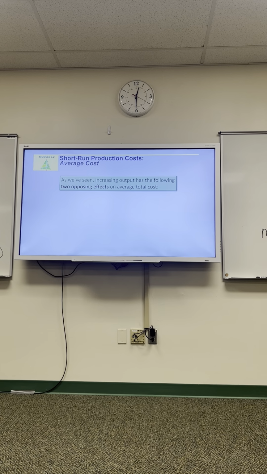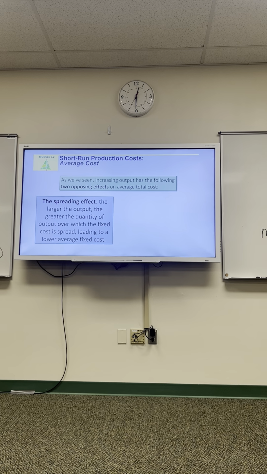So, as we've seen, increasing output has the following two opposing effects on average total costs. On the one hand, you've got the spreading effect. The higher the level of output, the more you're spreading those average fixed costs out over larger amounts of output.